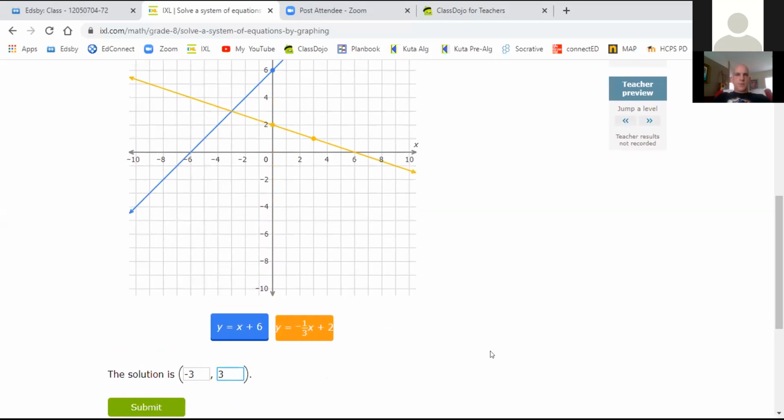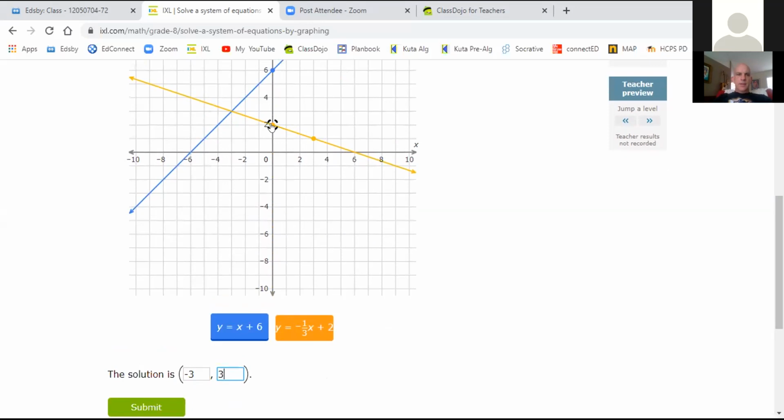All right, so same as what we were doing on Wednesday, we're just now doing it on IXL. Make sure that you're switching between these. Some of the frustration I've seen when kids do this in class is they'll forget to click on the orange and they wind up changing the point they just graphed. If it looks like it's not crossing through, like let's say for example I did this one wrong.